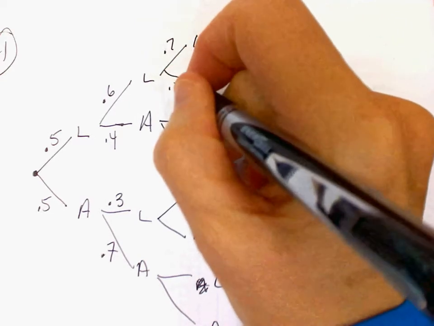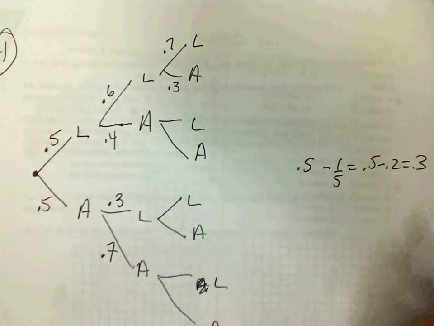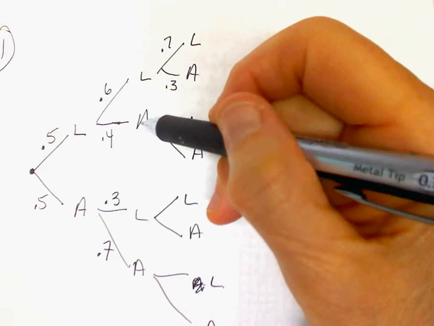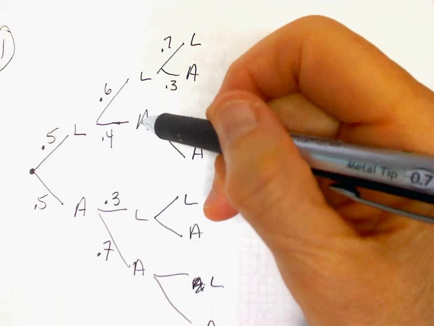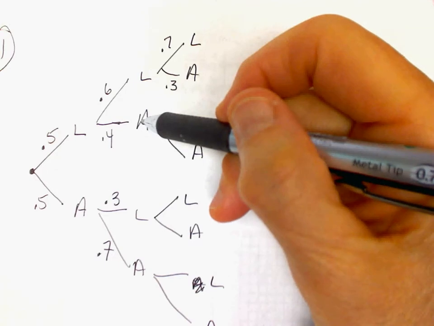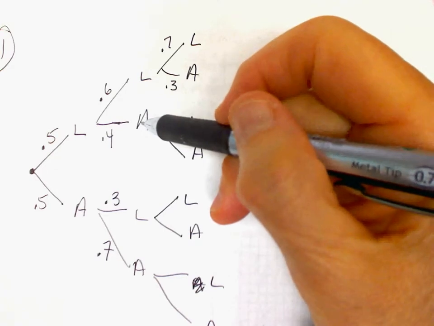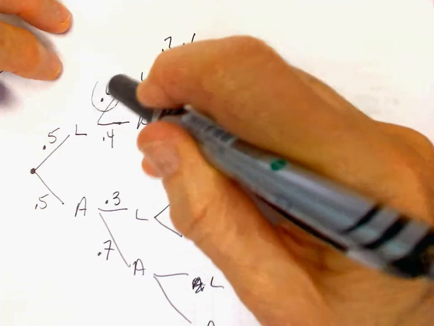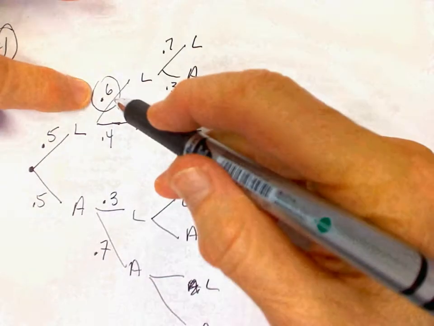Now, here he lost, but this is the tricky part. He loses, it decreases by 0.2. His previous probability of winning was 0.6, and it decreases by 0.2, so that becomes 0.4.